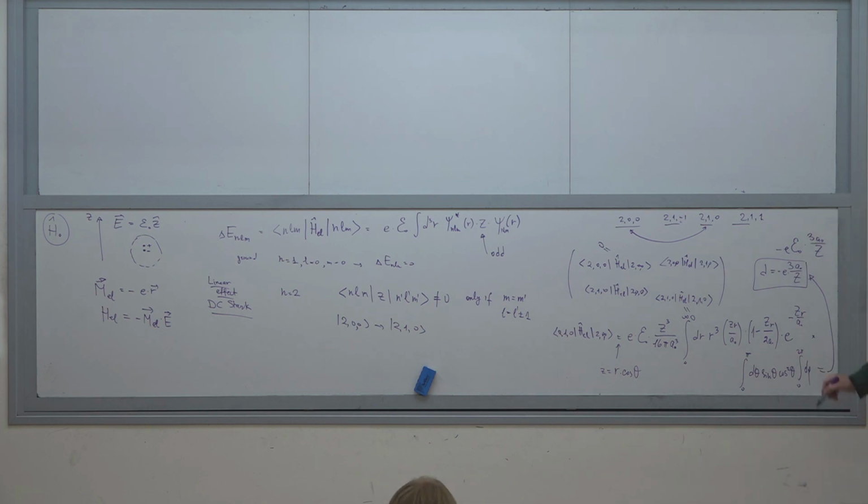We can call this guy the dipole moment. This dipole moment is the charge of the electron multiplied by the characteristic size of the atom, and the characteristic size of the atom is the Bohr radius. So everything is okay here.